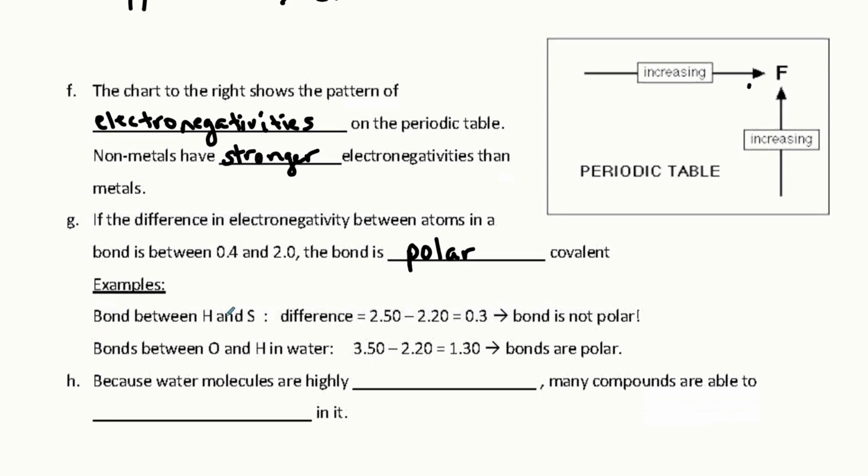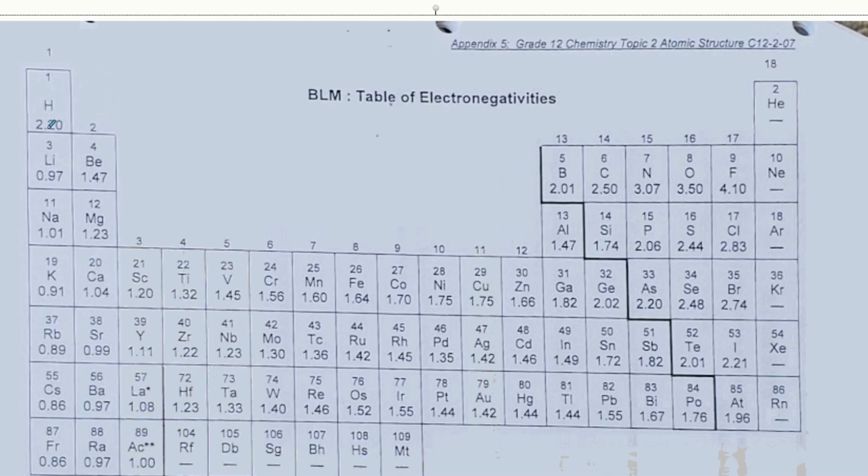So let's say we have a bond between hydrogen and sulfur. The values are here, but I'm just going to pull up that chart again so you can see. Here's hydrogen with an electronegativity value of 2.2, and sulfur is over here, and it is 2.44.